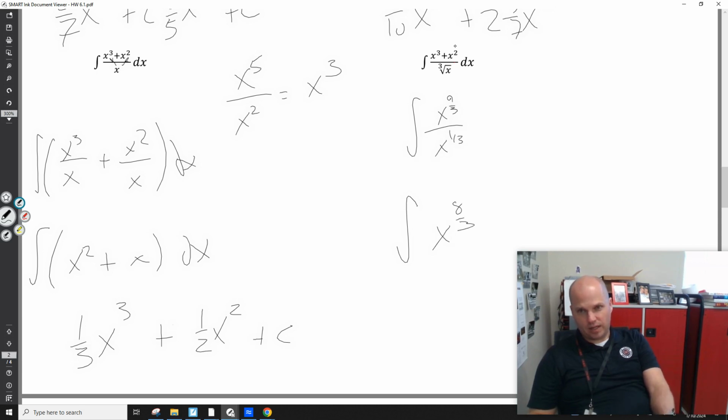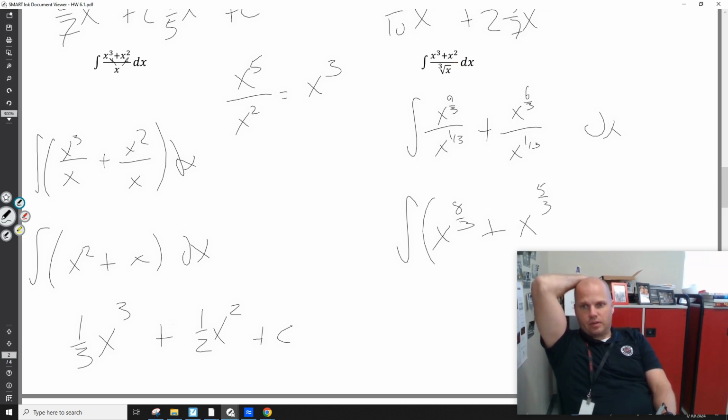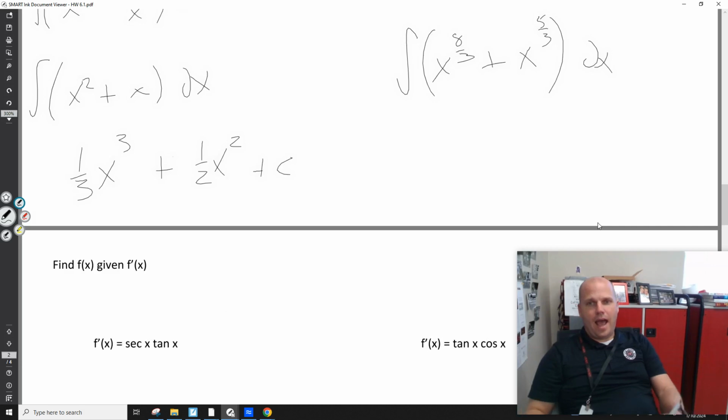This is 6/3. Okay, that's how you'd rewrite, and then you would subtract to get 5/3. Add 1, multiply by the reciprocal. Add 1, multiply by the reciprocal.